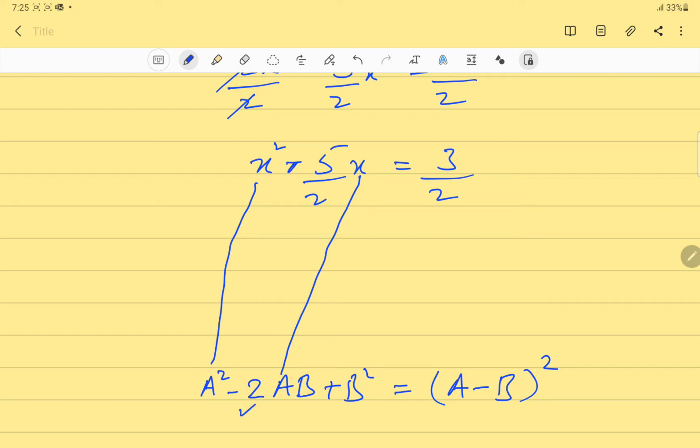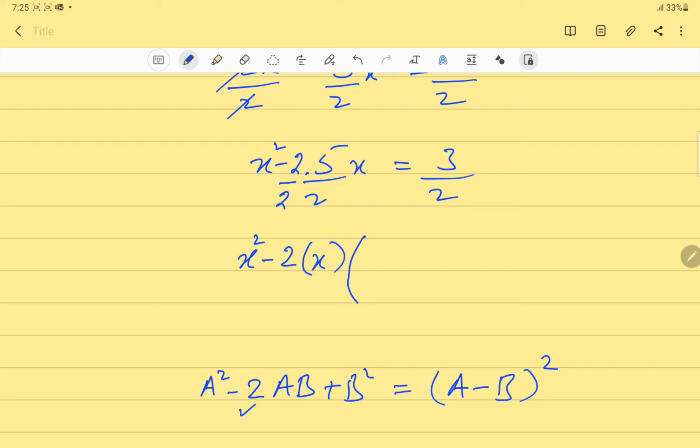So what we will do, we will multiply and divide by 2 here. So when we do so, the equation becomes x² - 2 · x · (5/4).